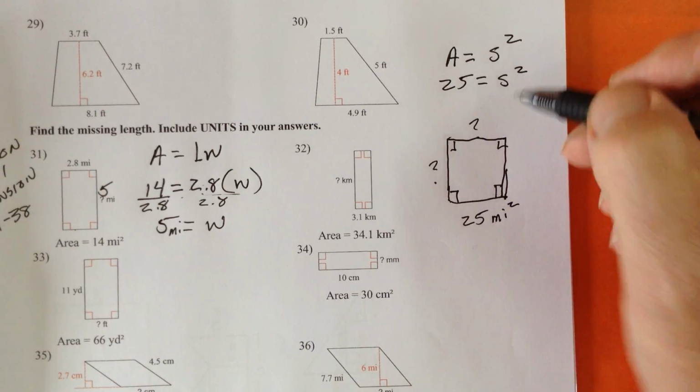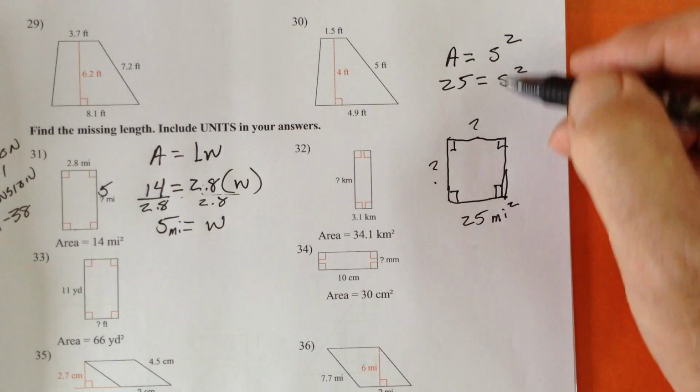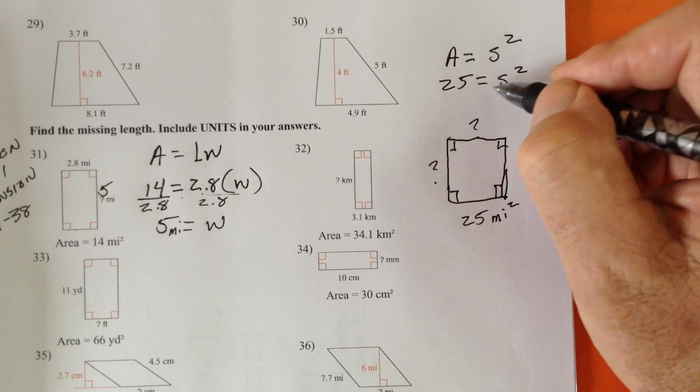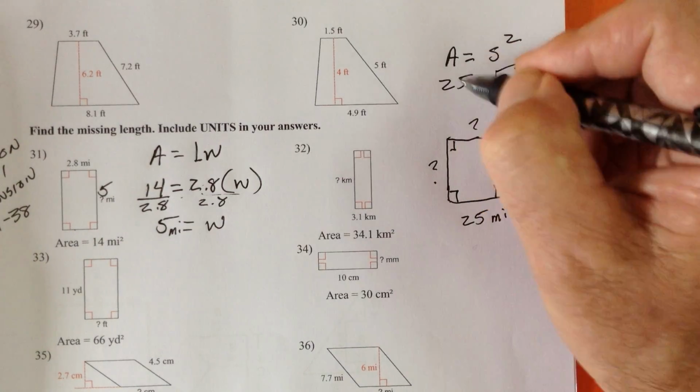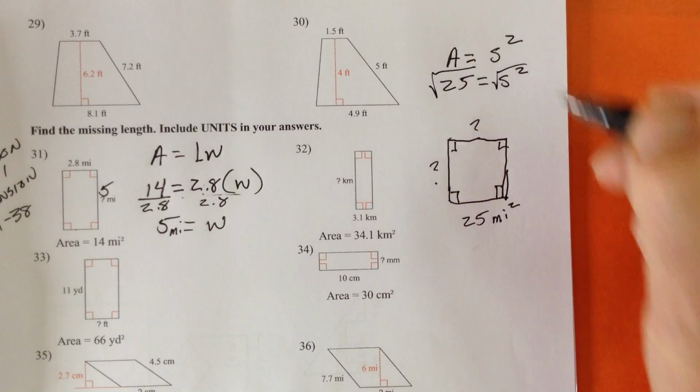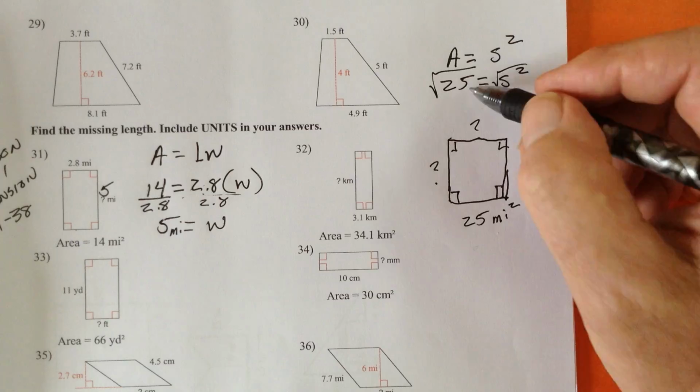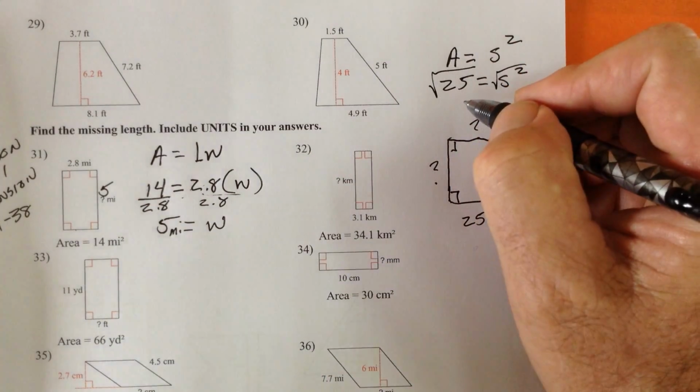So the opposite, again, you should have learned this in fundamental, where the opposite of the square is the square root. So here, if I square root this, I have to find a number times itself that equals 25. Well, here 5 times 5 is 25.